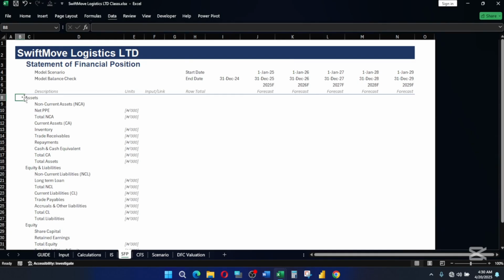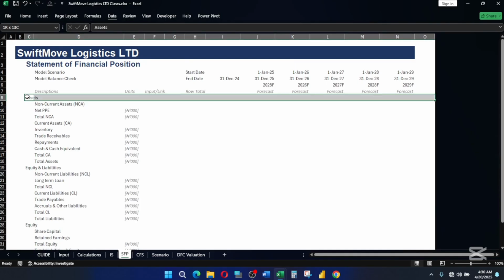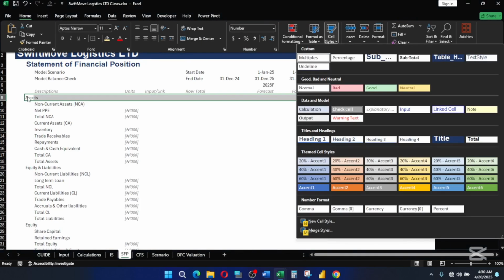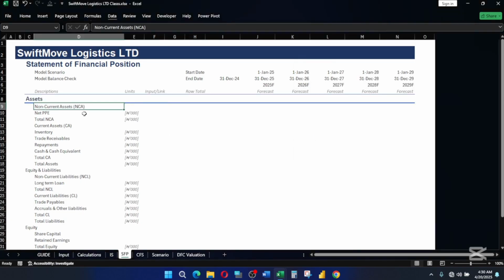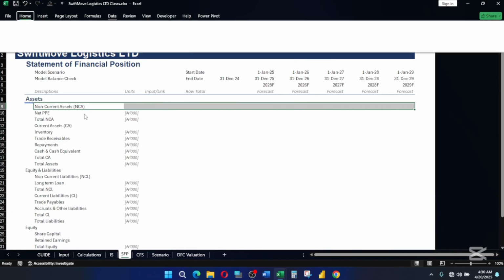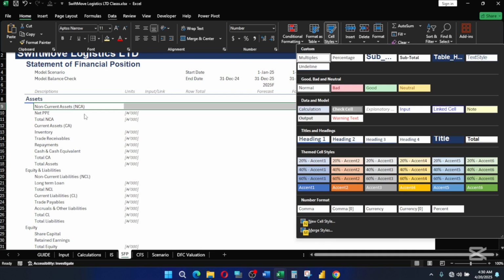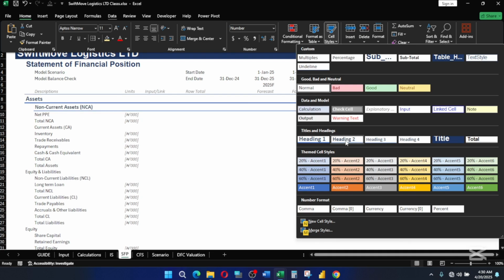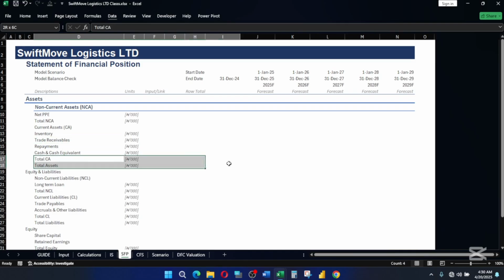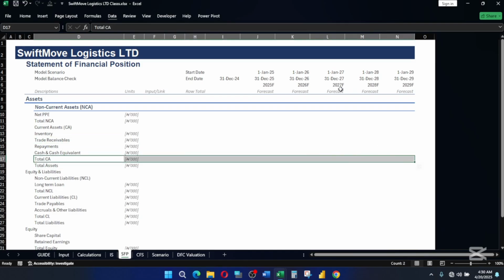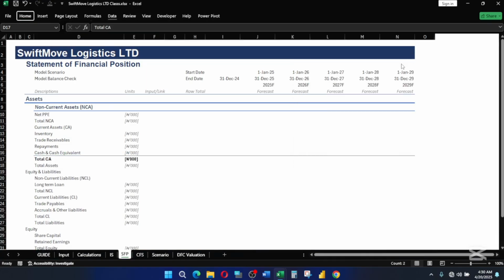Then here is going to be our asset. We're going to apply heading one. So this is going to be heading two. Current asset is going to be heading two. Then we have this, so we also want to apply our subtotal style.